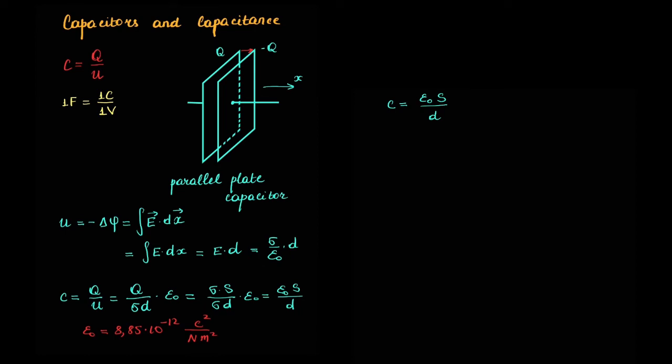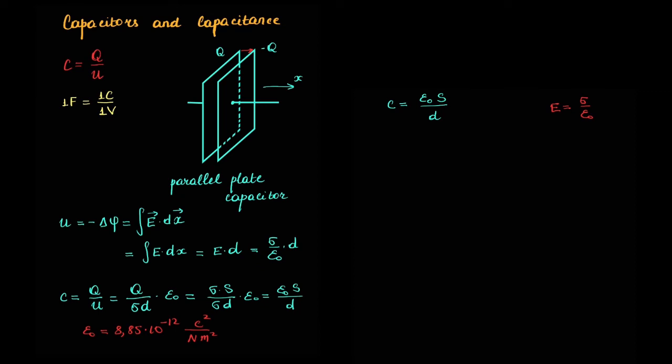To derive this final formula, we have used that the electric field strength between the plates E equals sigma over epsilon 0. But we didn't derive it yet, right?